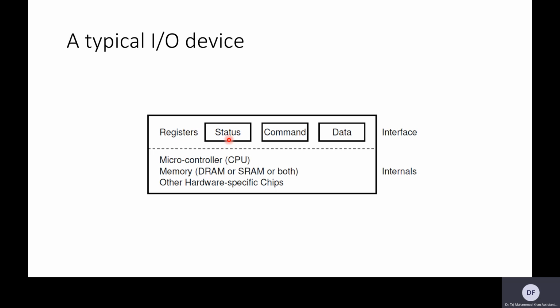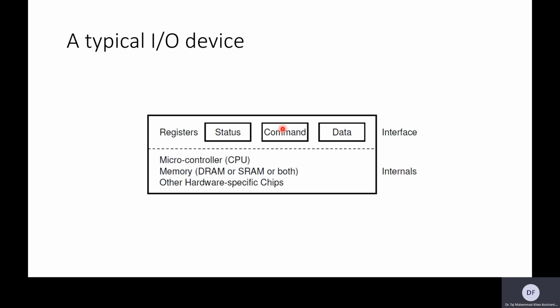Through this register, the CPU can read data and know about the status of different states of this device. When a device moves from one state to another, it will change bits in this status register to inform the CPU of its change of state. The CPU can read this status register to know the current status of the device and at which state it is now.